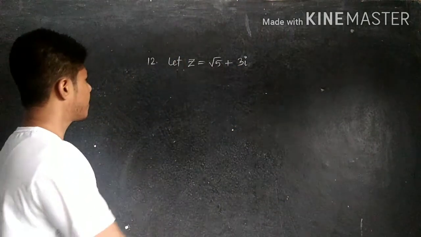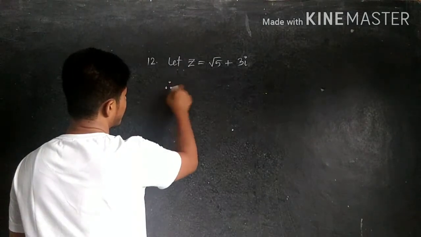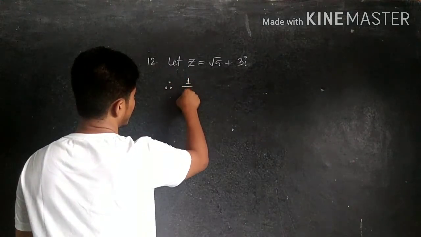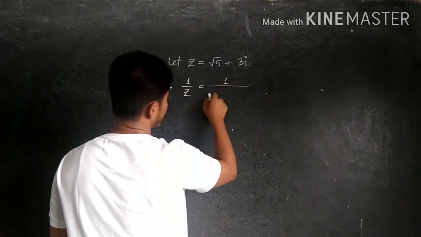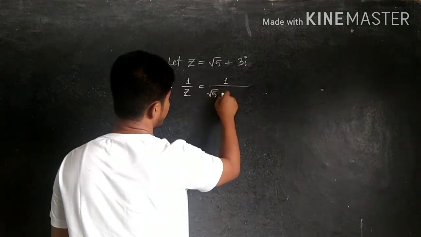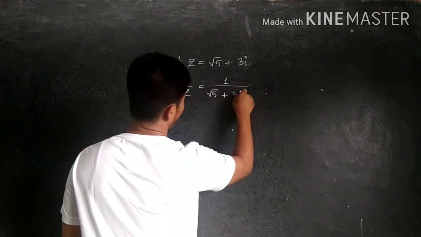So what we have to do is find the multiplicative inverse. Multiplicative inverse means 1 by z. So we write 1 divided by root 5 plus 3i.